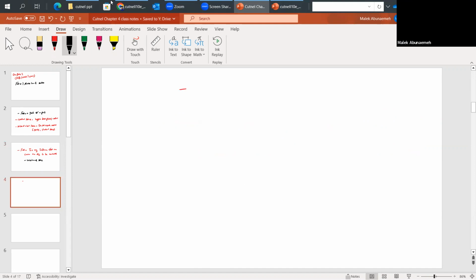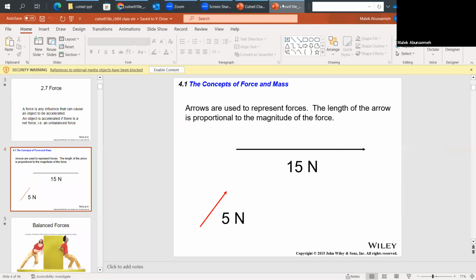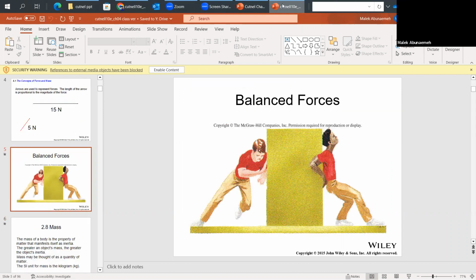So for instance, in the scenario that we have, you have two guys pushing on a block. The question is, which way would the block go? And the answer is whoever has the most force. So if this person over here pushes this way and has more force than this person, the block would go that way.